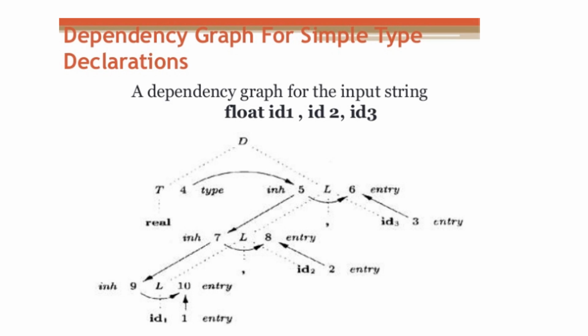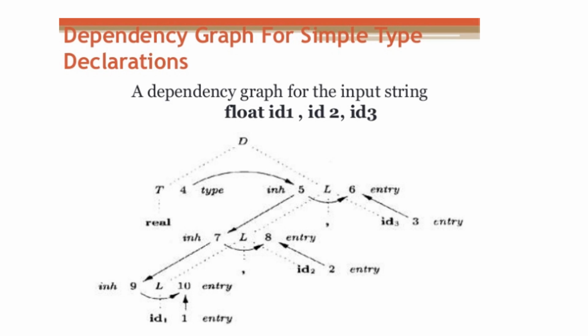Here the numbers represented are the steps, the order of evaluation: first step, second step, third step. This is a dependency graph, showing how the information flows from one node to another. The first steps assign the identifiers ID1, ID2 and ID3. The fourth one is the type.